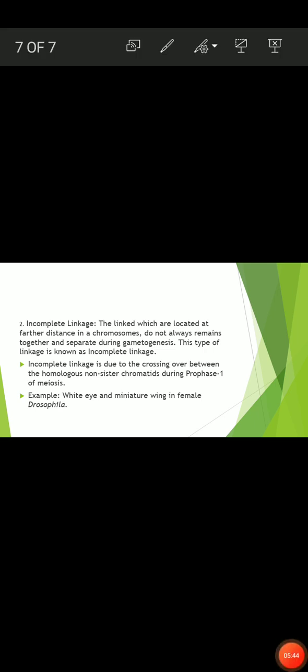Example: white eye and miniature wing in the female Drosophila. Incomplete linkage depends on the distance between those two genes. If the distance is more, then the chance of recombination is also more. Thank you.